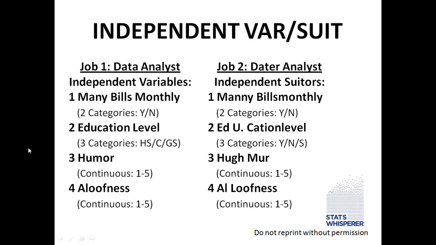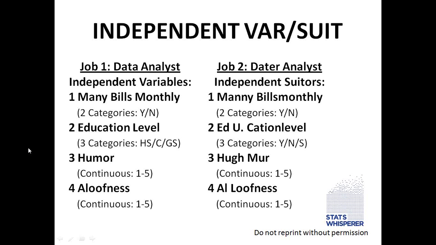Now, the same way we're paralleling, we're going to keep the suitors parallel with those, right? So our independent suitors: Manny bills monthly, Manny as in the nickname from Manuel, right? And the emotional type is yes, no. And then education levels, suitor number 2.